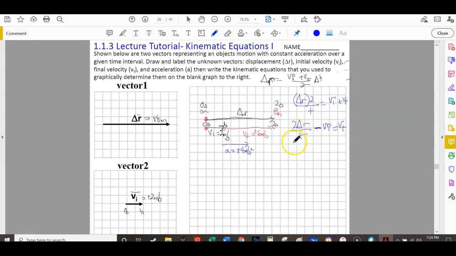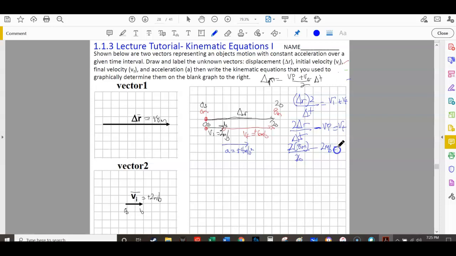So in this case, our delta r is going to be 8 meters, and the total delta t that we're dividing by on both sides is going to be 2 seconds minus 1 second, so that's 1 second. And we're subtracting off the initial velocity vector, which in our case is a positive 2 meters per second.